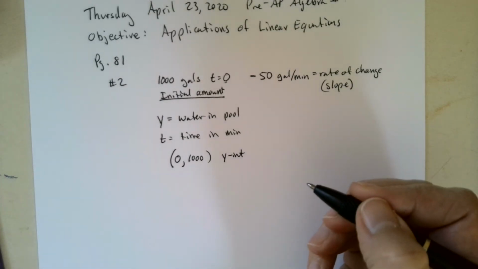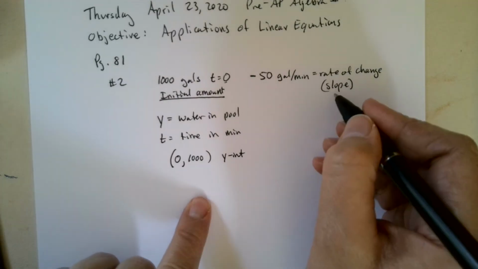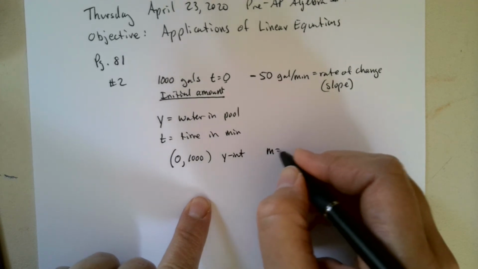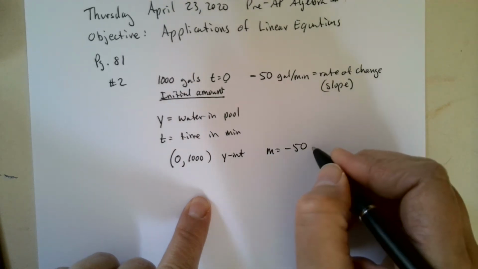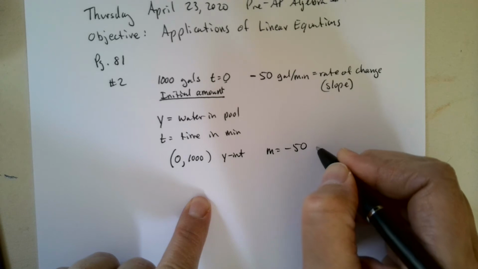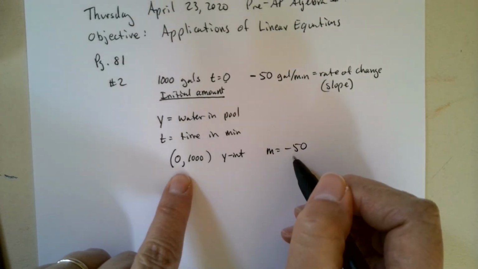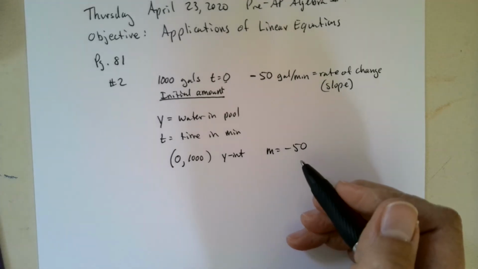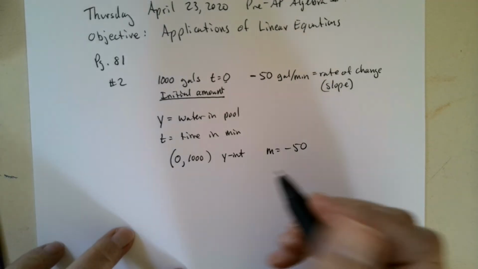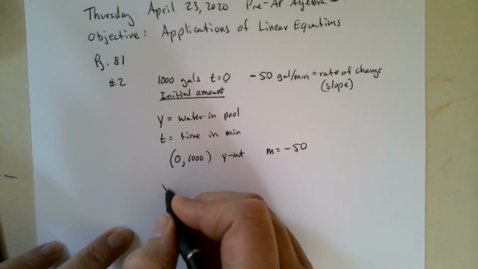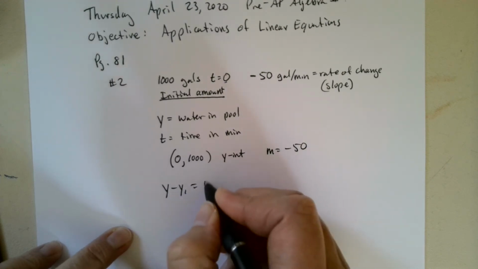So they're giving us a point there, and they're giving us the slope, or the rate of change, which is negative 50 gallons per minute. So we have a point and we have the slope. And yesterday we talked about how if you have a point and slope, you can use the point-slope formula.